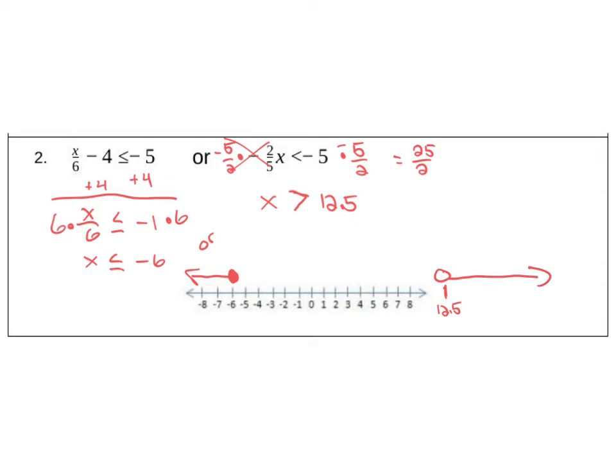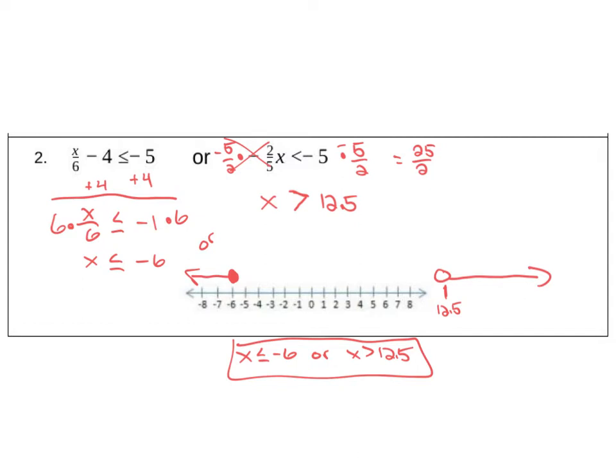So an "or" statement could be either one. Just make sure we take a second to rewrite this so our answer is back together. The last one ended up side by side, so that was pretty easy to box, but this one's all out of whack. Make sure you rewrite your answer.